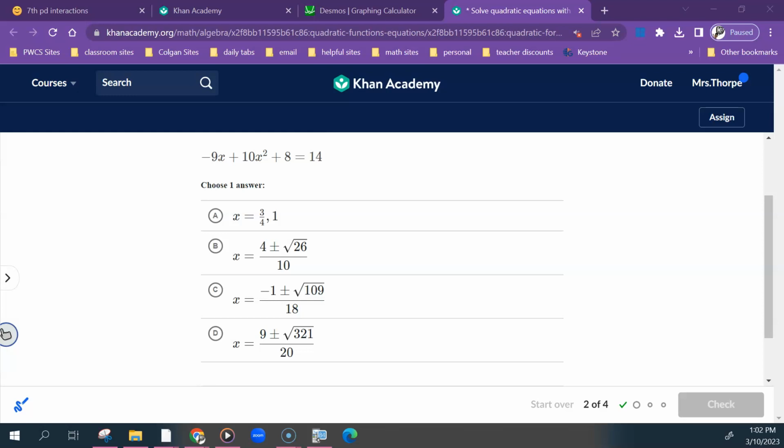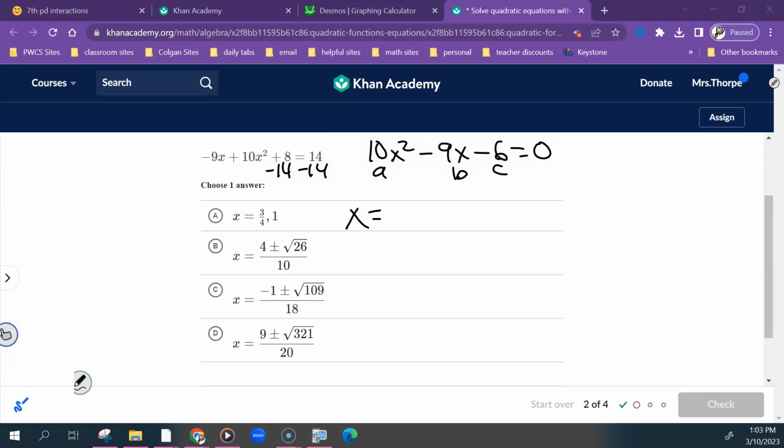Alright, so let's do this one. I hope I don't mess it up. Let's move 14 over and rearrange this. So we have 10x squared minus 9x minus 6 equals 0. Label your A, B, C. And then start to put it in the formula.